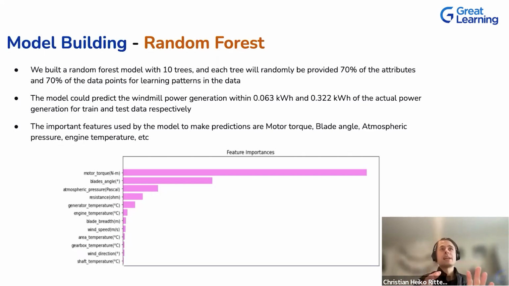So our tree needs to map from those variables we discussed before, the motor torque and the pressure, atmospheric pressure, and so on. And we hope that the model somehow discovers a relationship between those variables, like the pressure and the energy generated in the turbine.